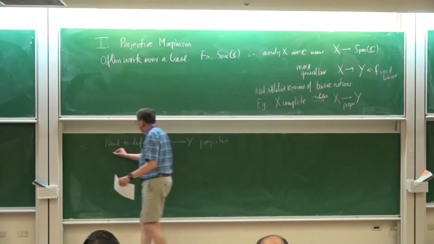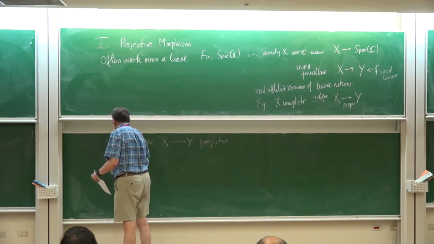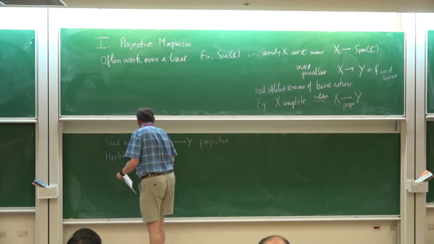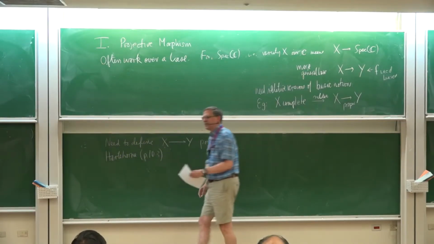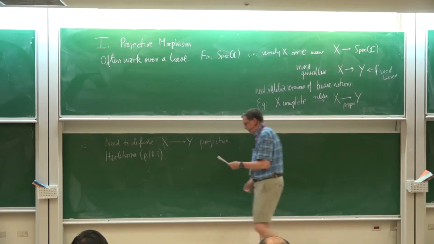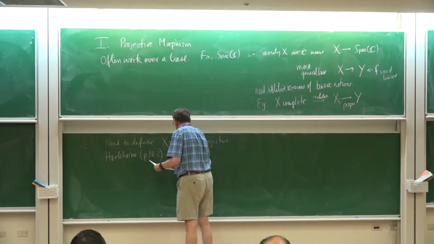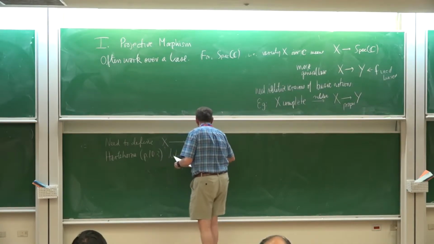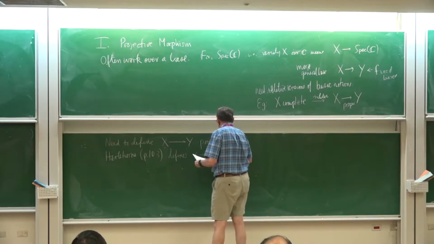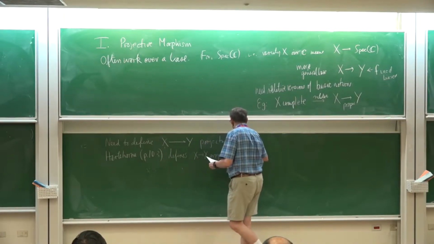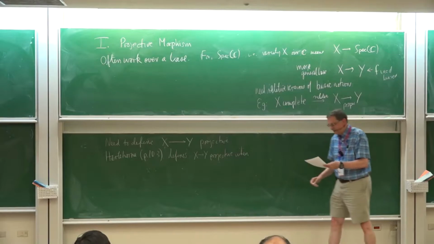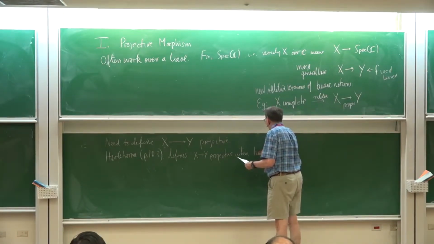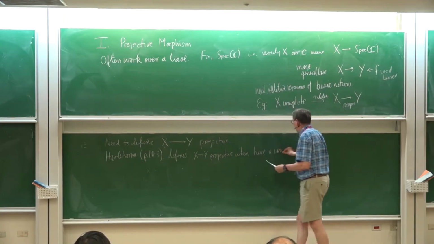And if you look at Hartshorne, on page 103, he gives a definition of projective variety. And it's a nice one that makes sense, when you have a commutative diagram.